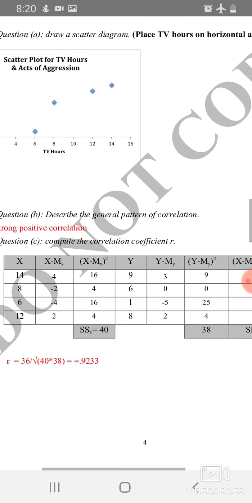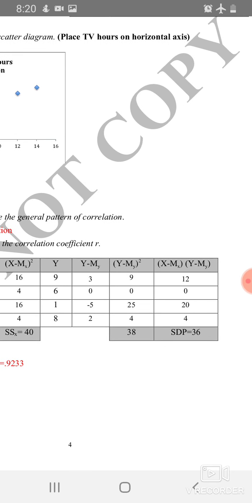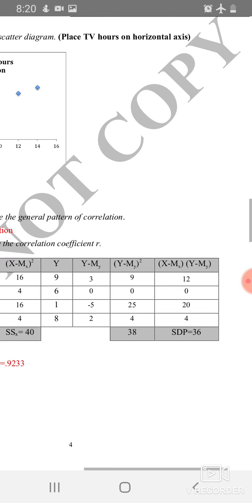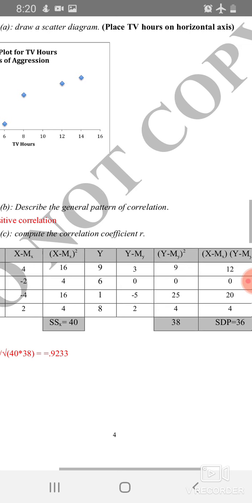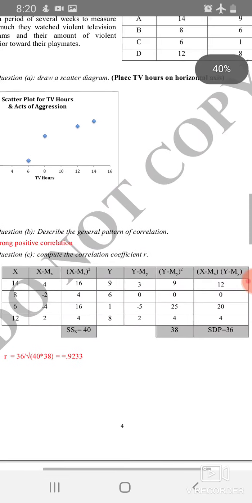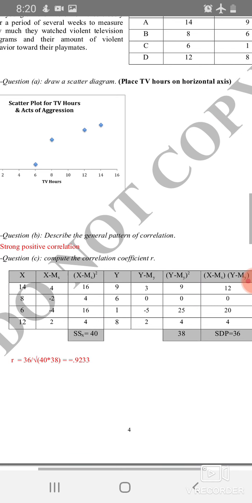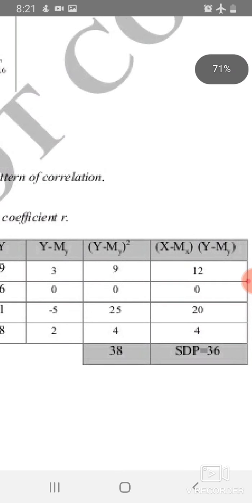That would be -2 times 0 is 0. Third child, -4 times -5 is +20. And for the last child, it is 2 times 2, which equals 4.